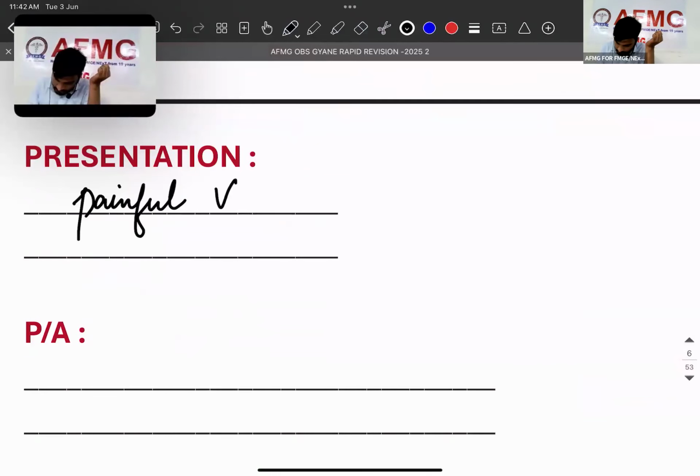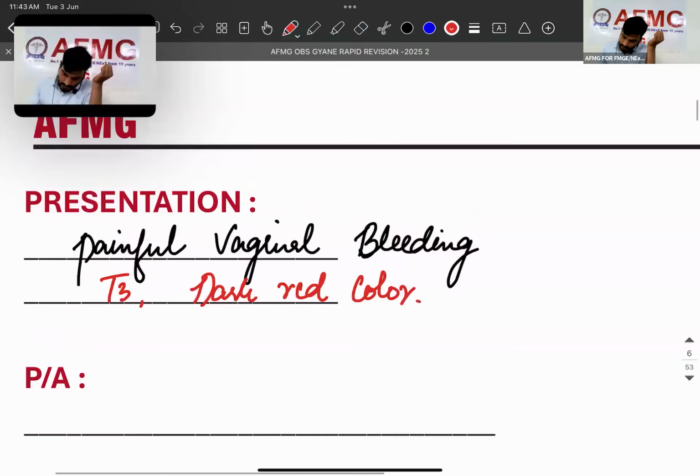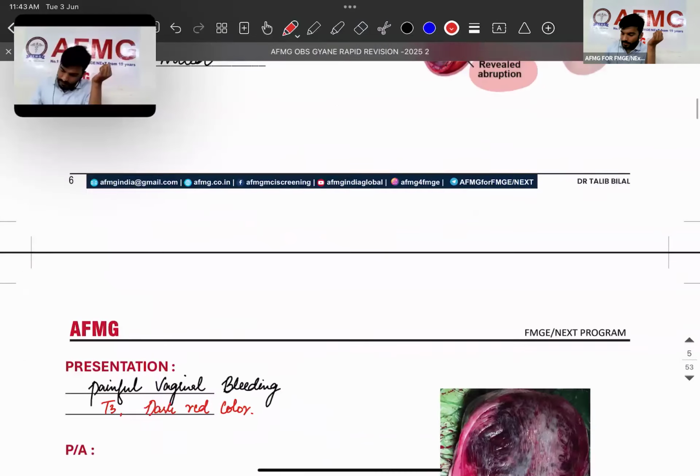Painful vaginal bleeding. It is usually in which trimester? Third trimester, and there will be dark red colored blood, and previous abruption.